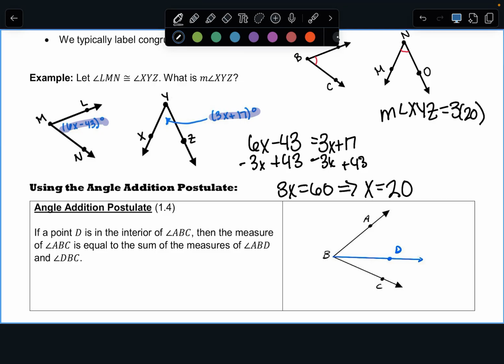So 3 times 20 plus 17. 77. 77 what? Degrees. Perfect. Anytime you see that M, you better have degrees next to it.